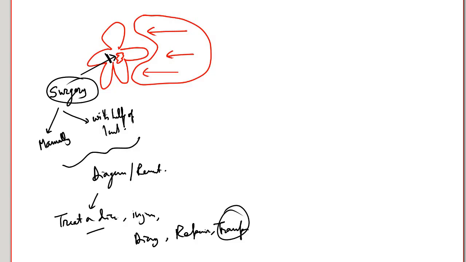Okay, now let us talk about the various types of surgery. Today let us talk about the various types of surgery based on invasiveness. That means how much of the human body is opened.